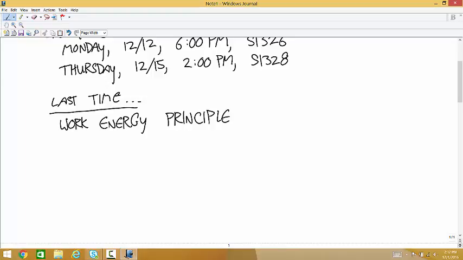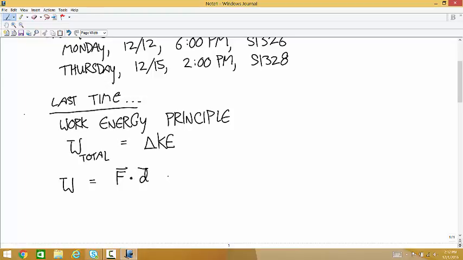The work energy principle says, add up the work done by all the forces, and that's equal to the change in kinetic energy. And I talked about how to calculate work. The work produced by a force is equal to the force dotted with the displacement vector.